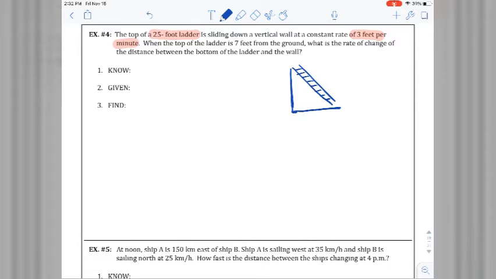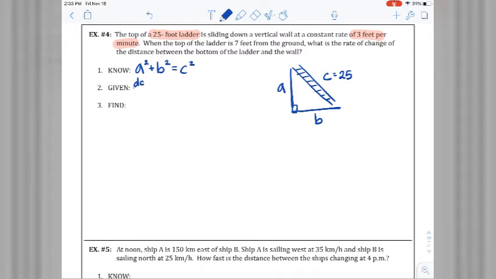If this is A, we'll say this is B, this is C, because we're making a right triangle. So our formula is probably going to be A squared plus B squared equals C squared. I know that C is always going to be a constant 25 because the length of the ladder won't be changing.